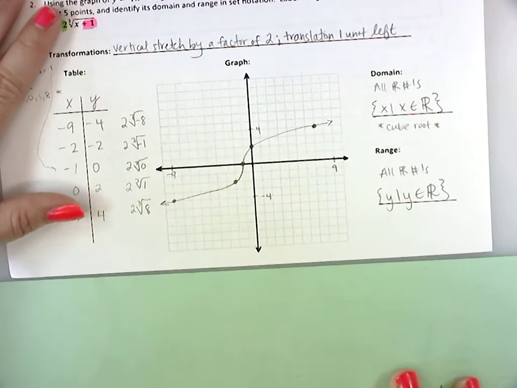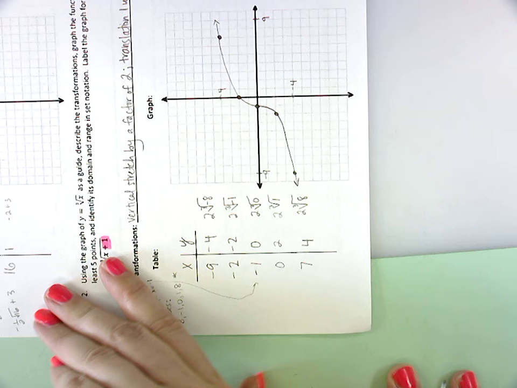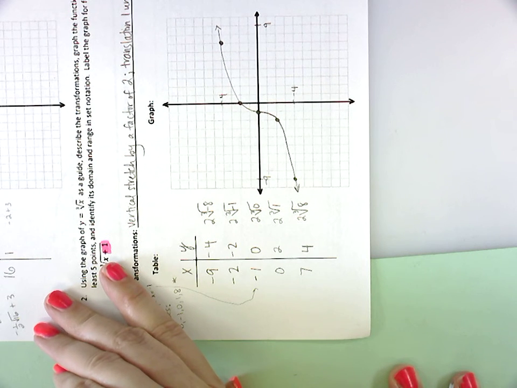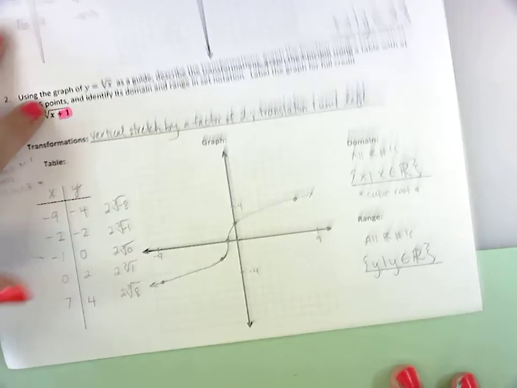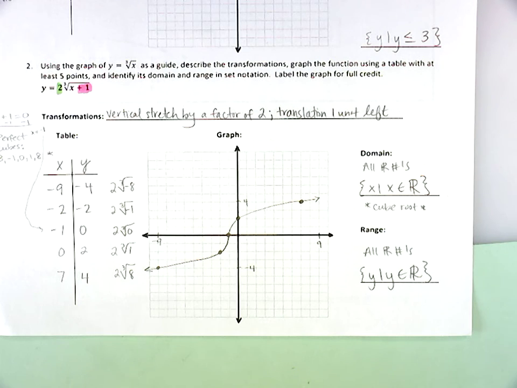It's actually, do you guys remember what the cubic function looks like? Because it looks like that. So it's the same thing, but it's just turned. Okay, what questions do you guys have for me on this? Go back up to 1.